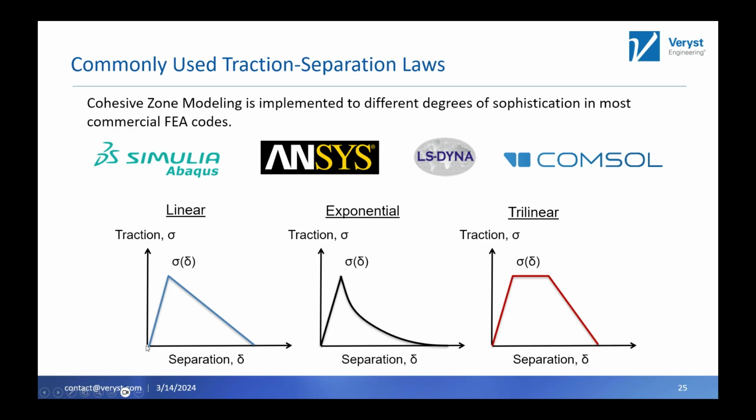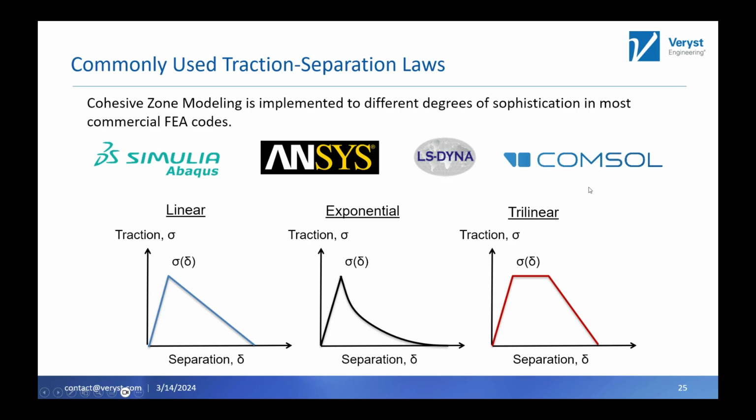So you can think of a bilinear or an exponential or a trilinear, or some of them even have table lookup type models where you can put in any arbitrary shape. But the important thing to remember is that depending on which software you're using, it can limit how you're analyzing the material, and that different versions of cohesive zone models are being released with each new annual or biannual release of these software.